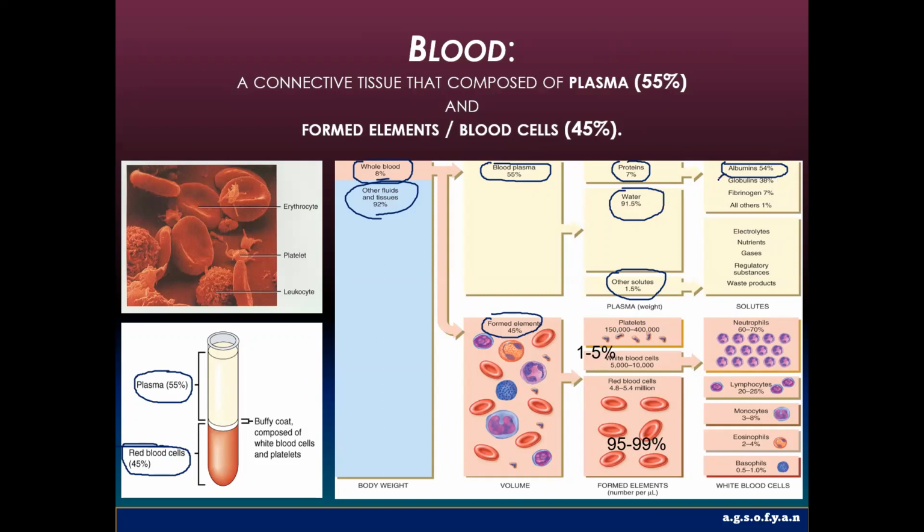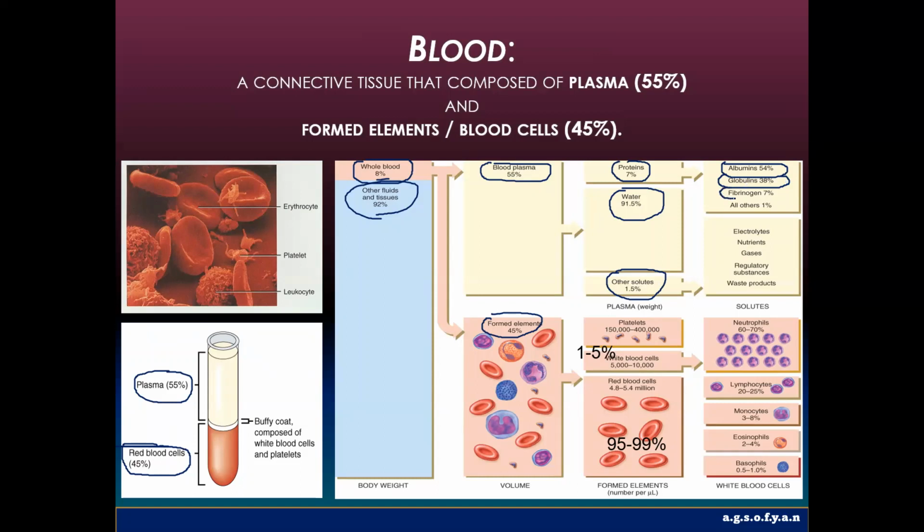The second most abundant type of protein is called globulin. Some of them are used for protection, like antibodies. An antibody is actually a type of globulin protein. It is sometimes also called immunoglobulin. So immunoglobulins and antibodies are the same substances.